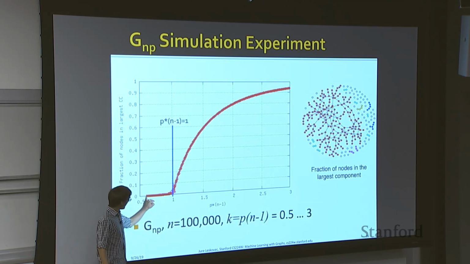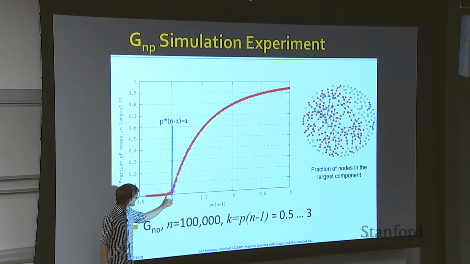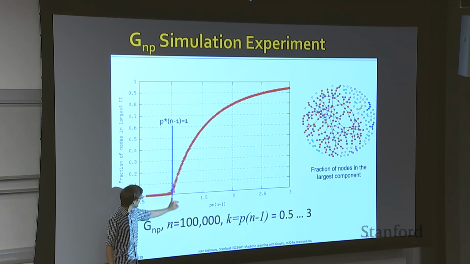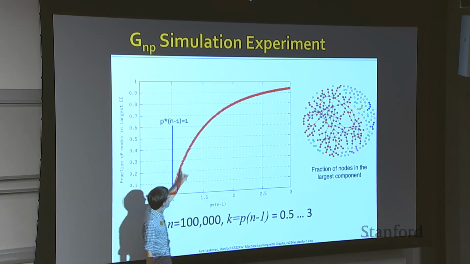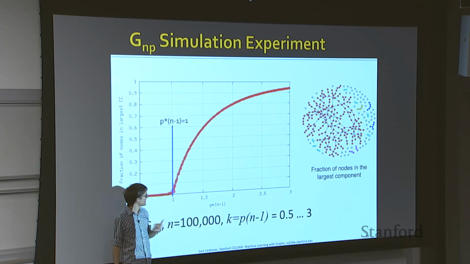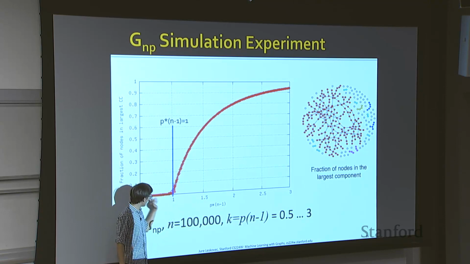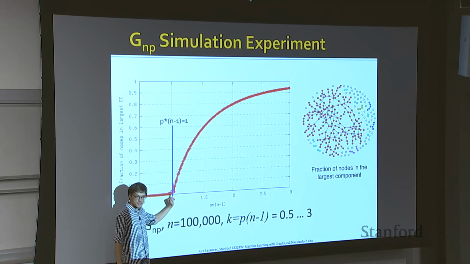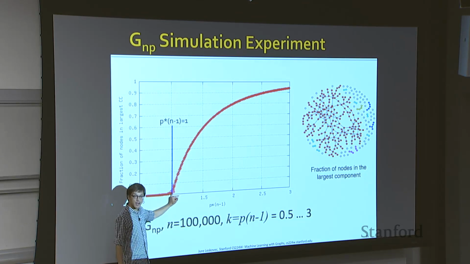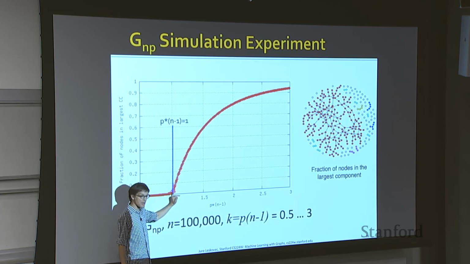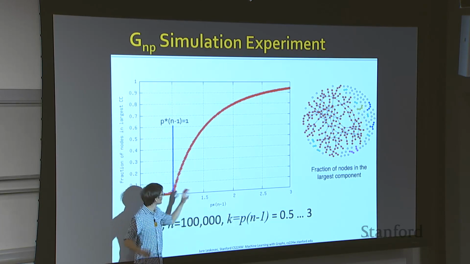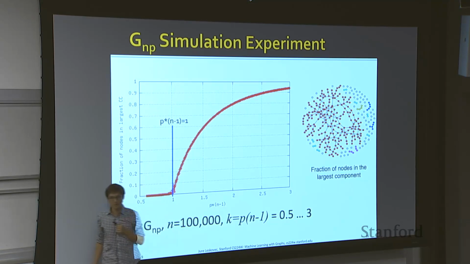And you see how the largest connected component, as I increase average degree, is very tiny. And then once I cross 1, the largest connected component size starts to increase. There is this phase transition where before, the graph is essentially disconnected, I cross the average degree 1, and this giant connected component starts to form, right?